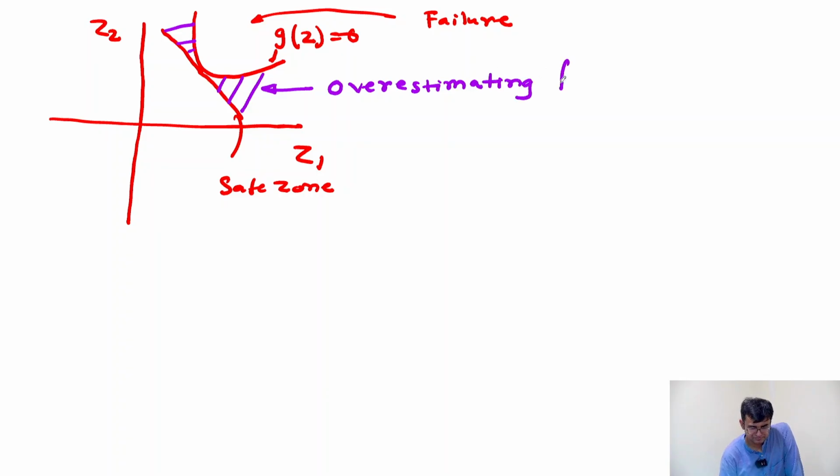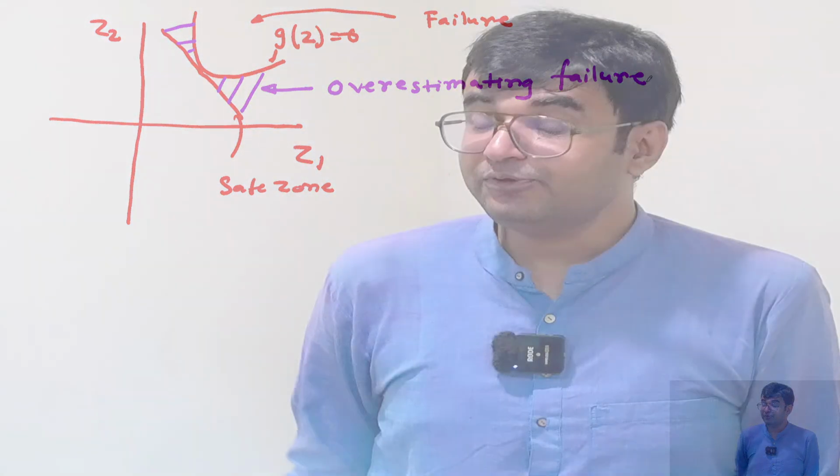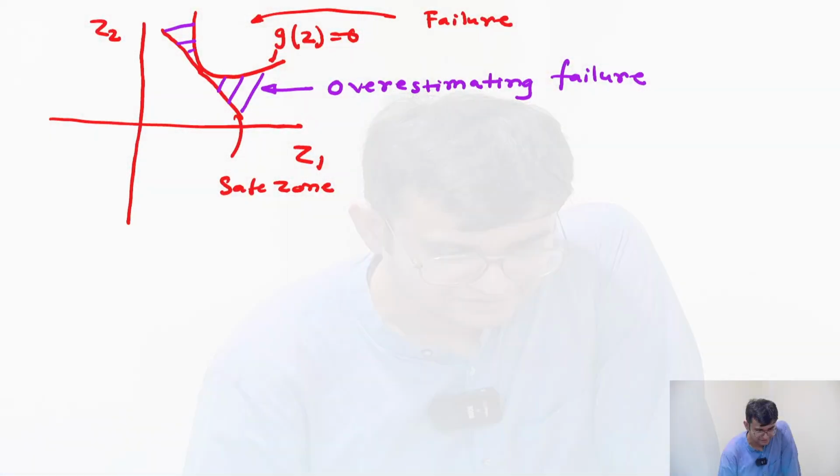Clear what is happening? Now you can argue that why the limit state function will be of that form. It can be convex or concave, it can be the opposite of that also. So let us see what will happen in that case.